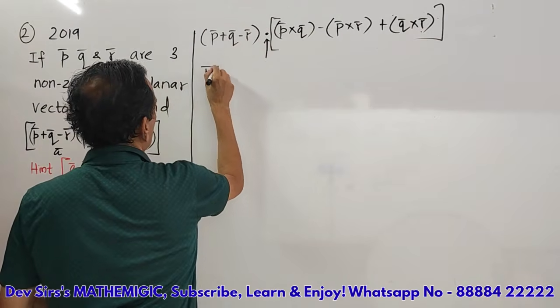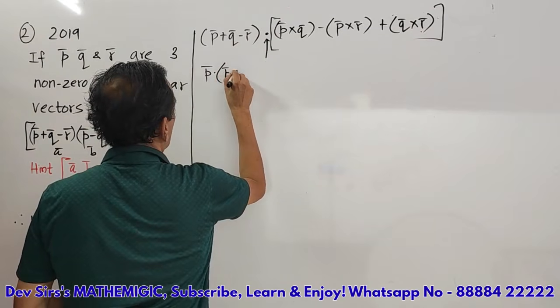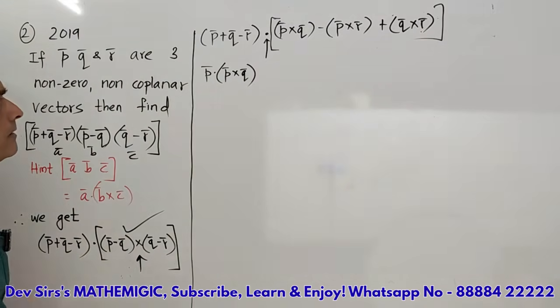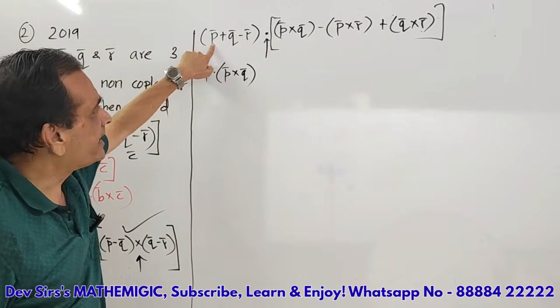Simple and interesting. P dot P cross Q. Right? Keep P constant. P का काम पूरा खत्म करो. आगे जाओ.